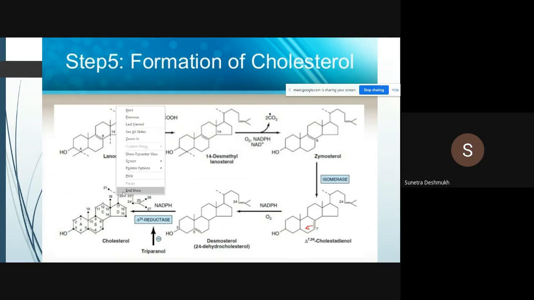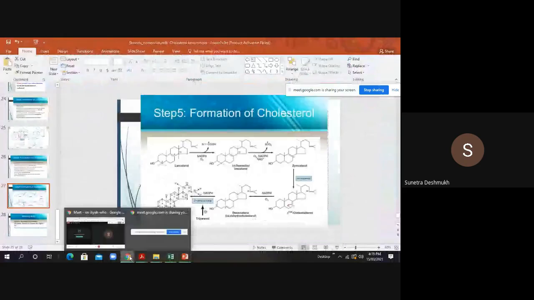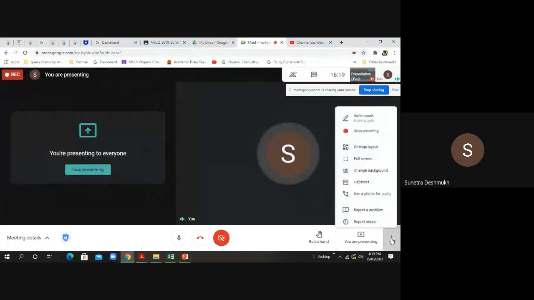In this way, our biosynthesis of cholesterol is finished.